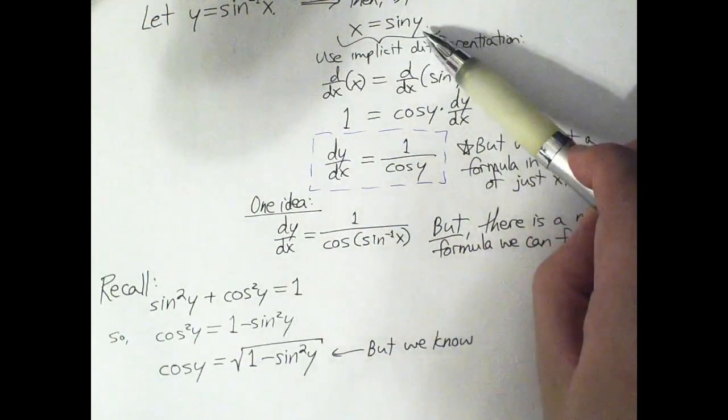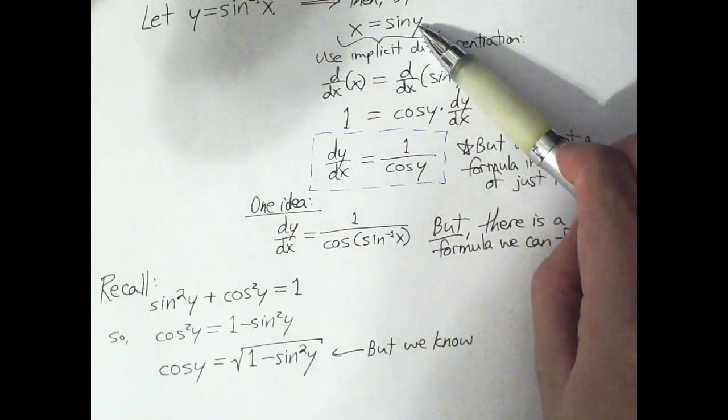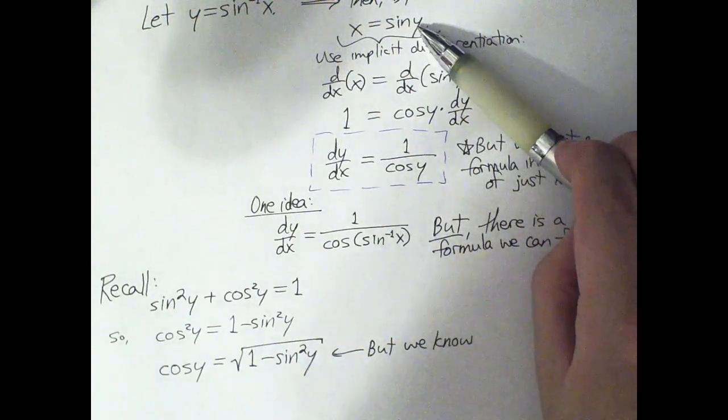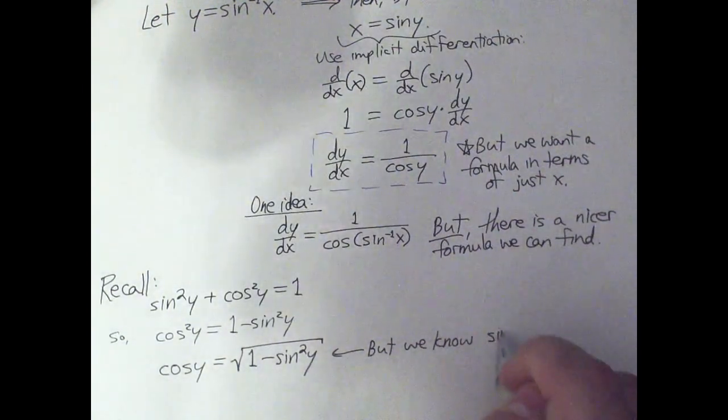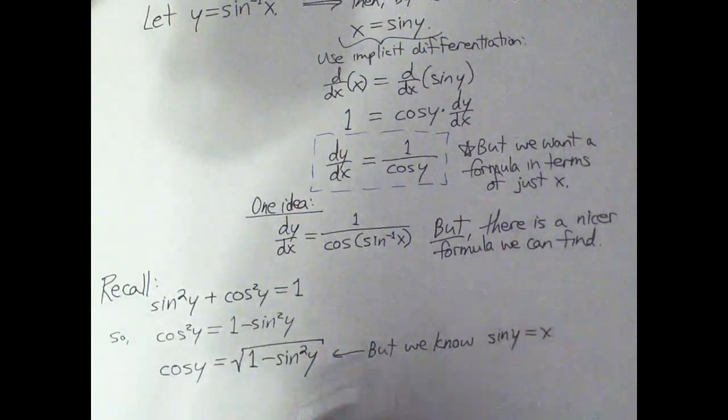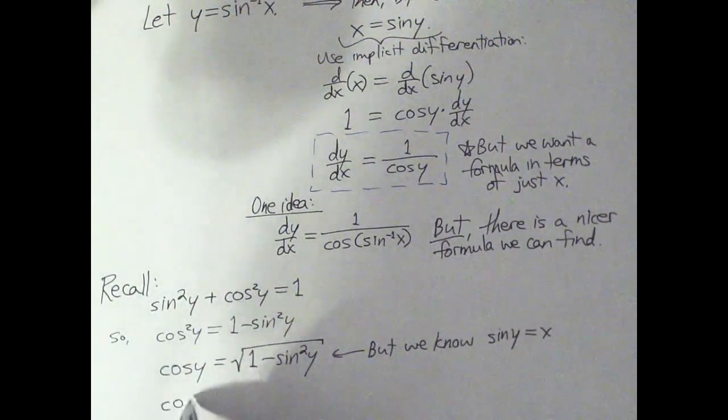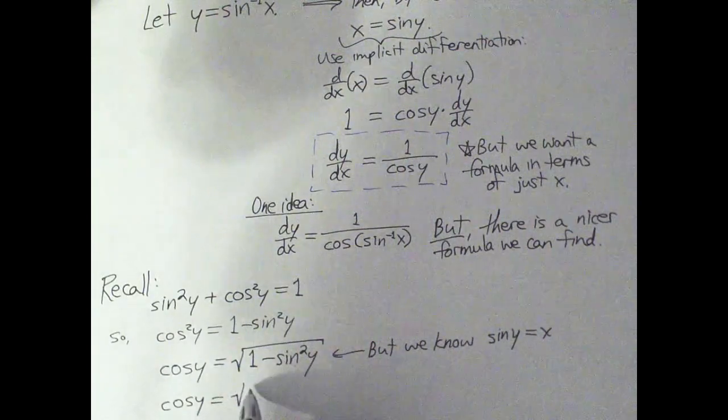It's this thing here. See what I'm pointing at? x equals sine of y. So x equals sine of y, or in other words, sine of y equals x. So that means that cosine of y could be thought of as the square root of 1 minus x squared.